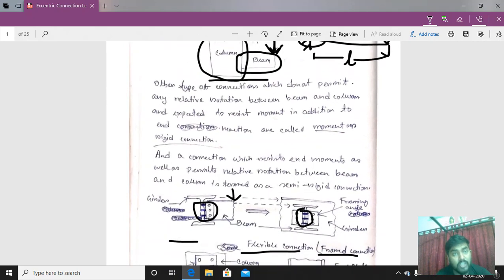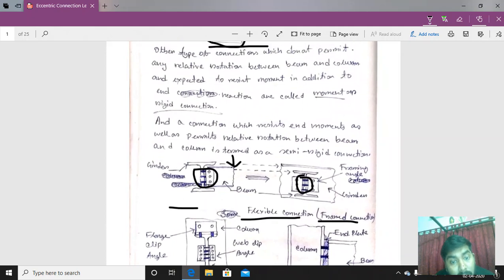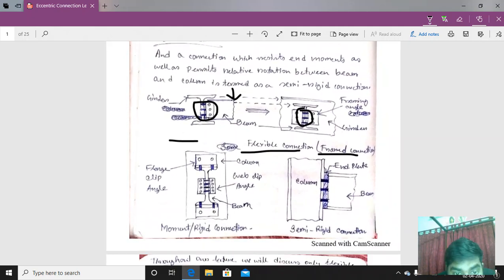In the case of the flexible connection, as it may be a bolted connection or a welded connection, there may be some rotation in the beam column junction. But there are some connections where there cannot be any rotation at this junction because it is fully braced.